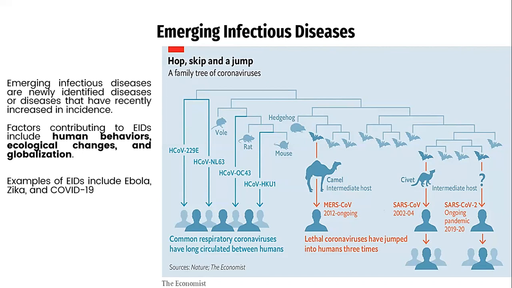That makes it a lot easier for diseases to spread. So for example, COVID started in, I believe, China. And because so many people travel from China to all over the globe, you saw that it was able to spread rapidly compared to the 17th century or the 18th century.